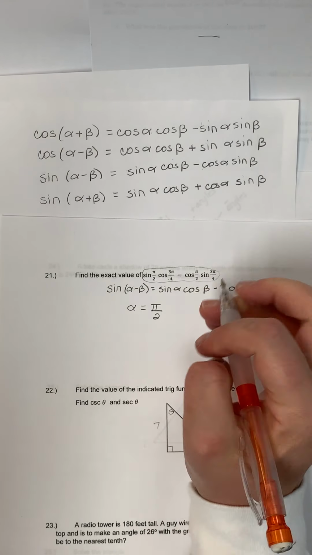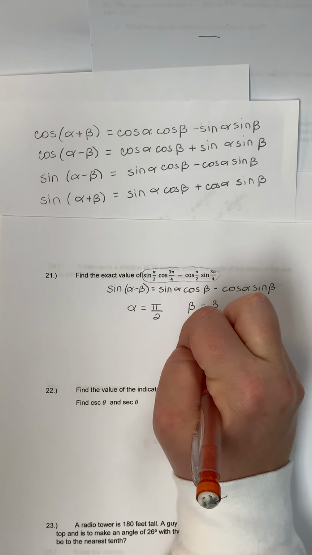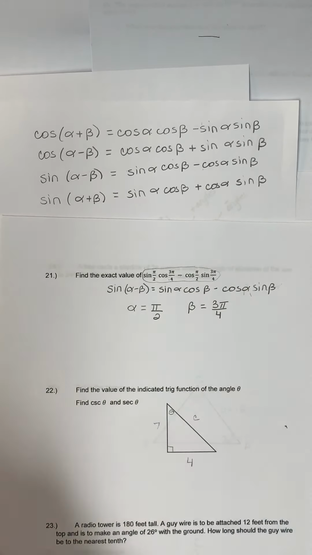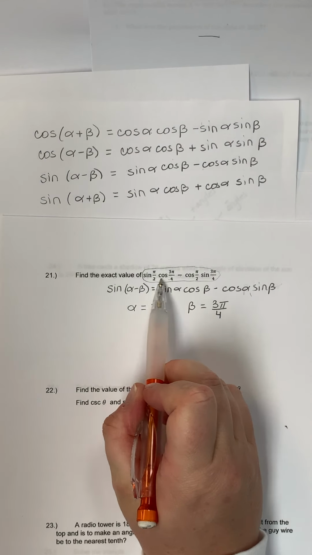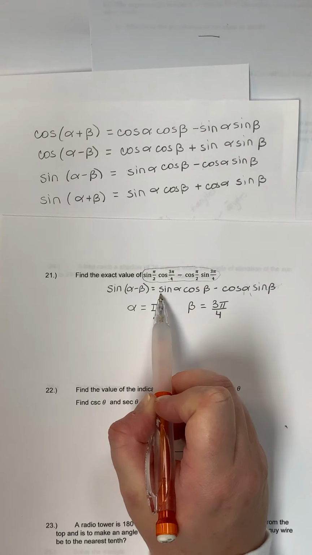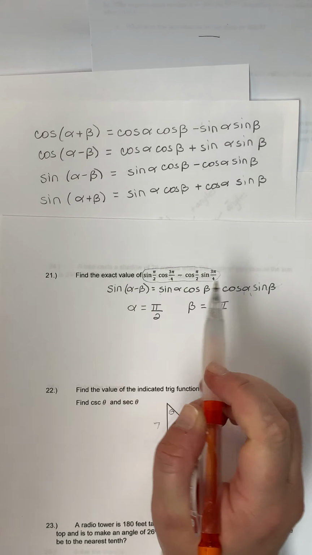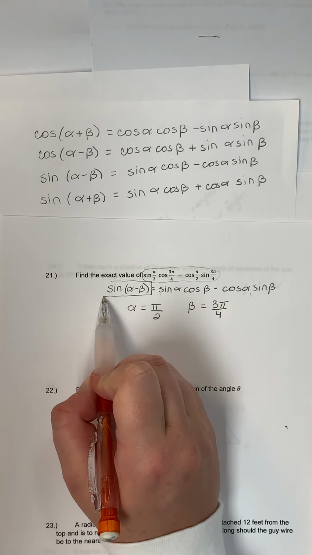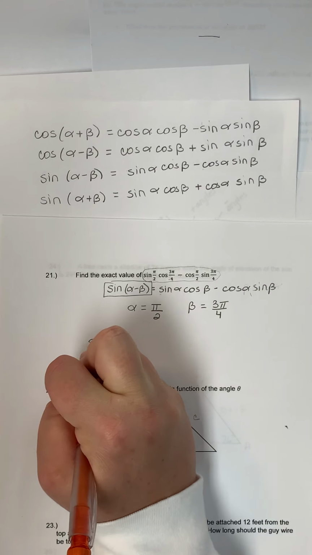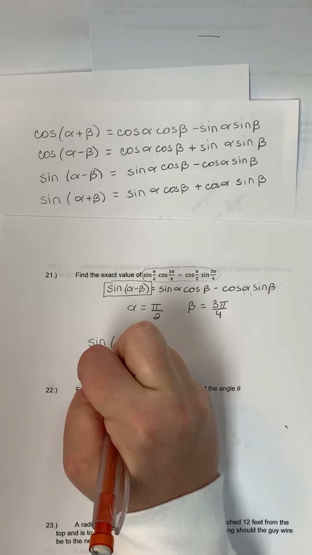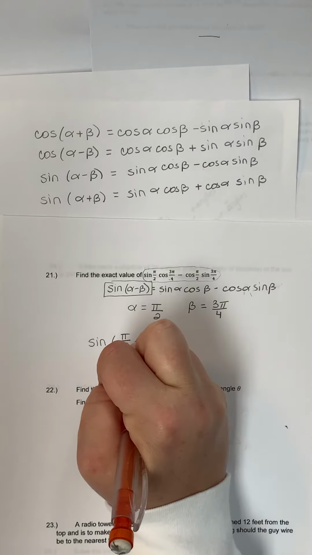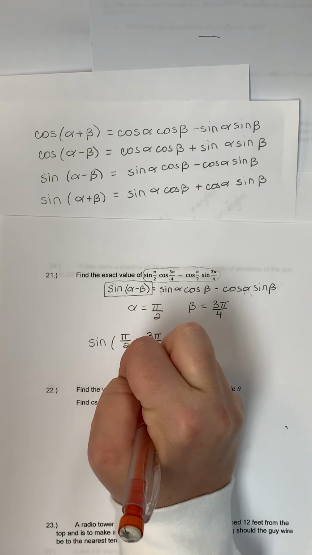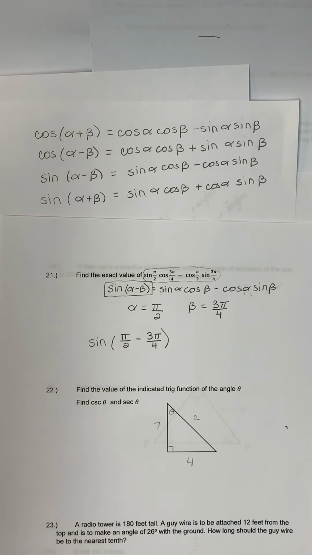My beta is 3 pi over 4. So this is the right side of the equation. What you want to do now is write the left side of the equation: sine of pi over 2 minus 3 pi over 4.